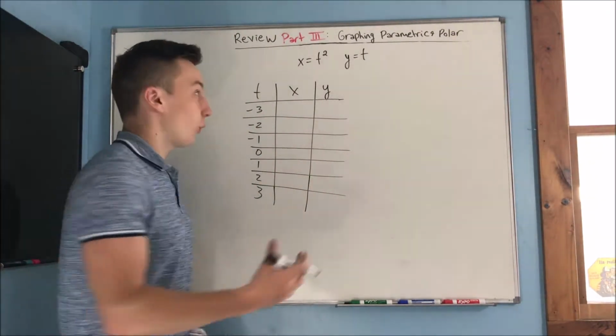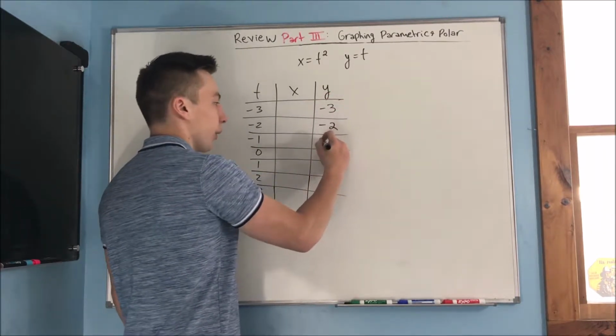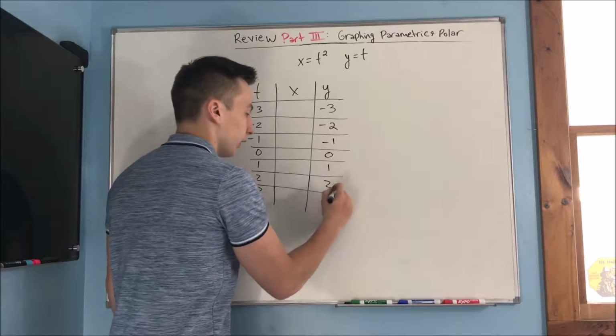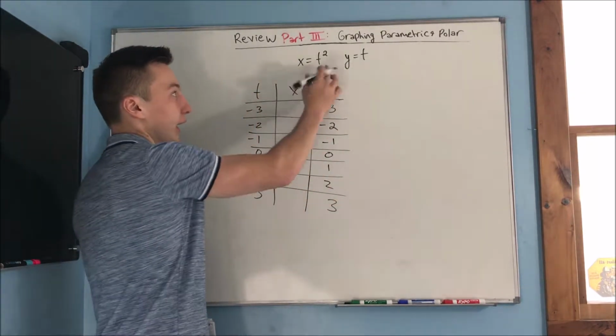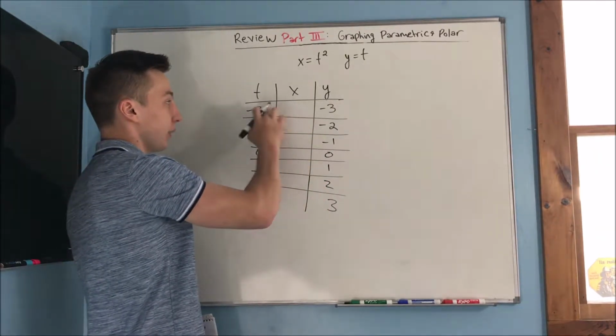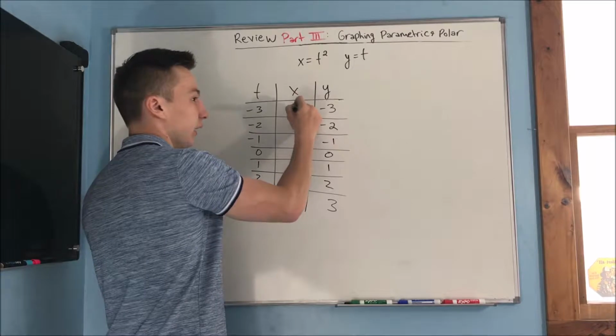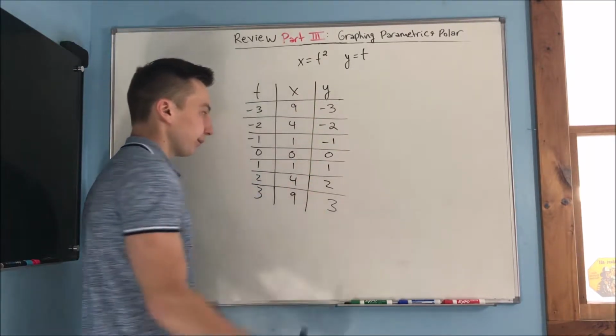Of course, y equals t. I wasn't going to make this too hard, because just going through the process is enough. So you get your -3 through 3 here, and x equals t squared. So x is going to equal this squared. It's going to be 9, 4, 1, 0, 1, 4, 9.